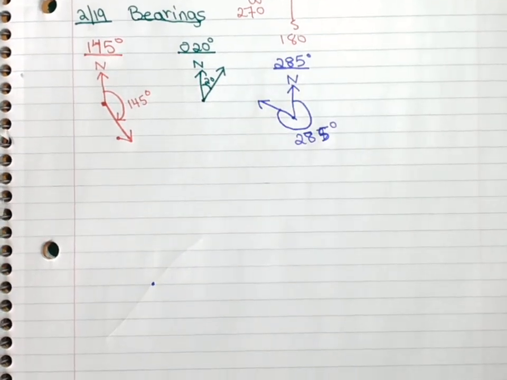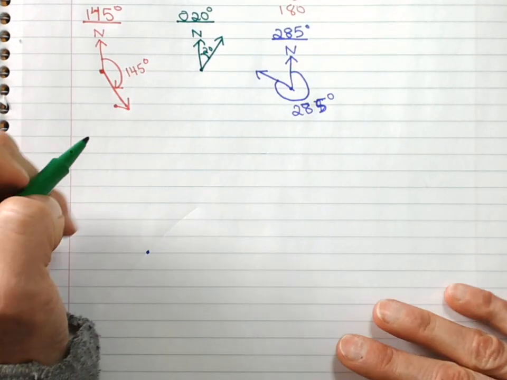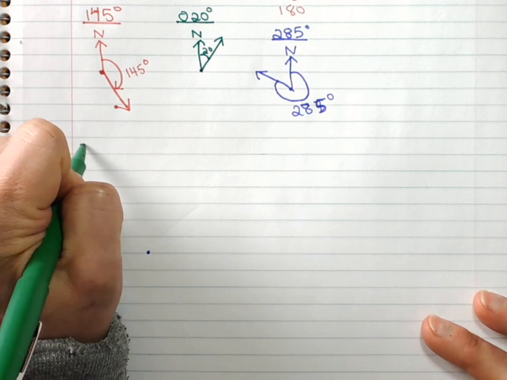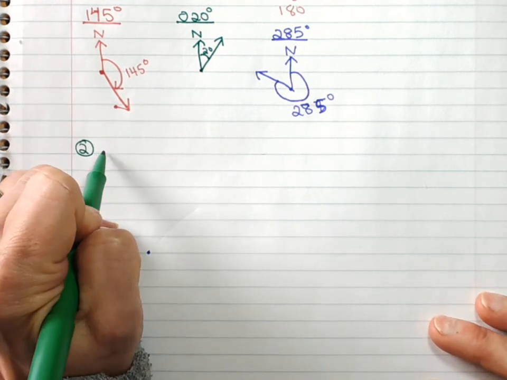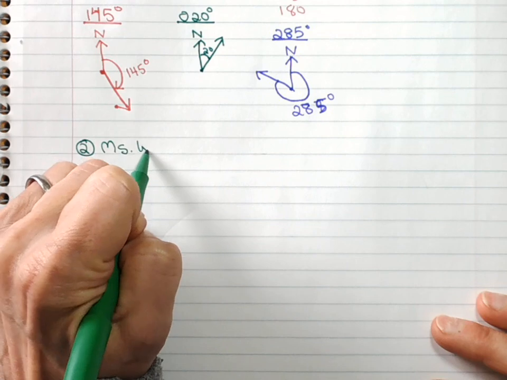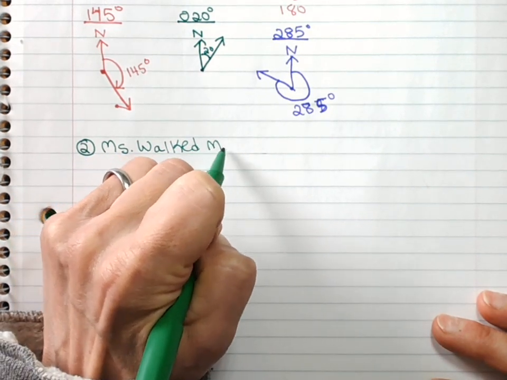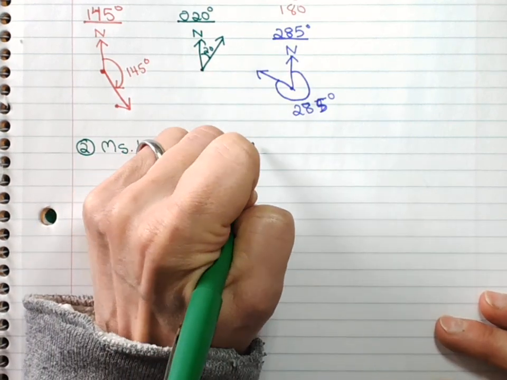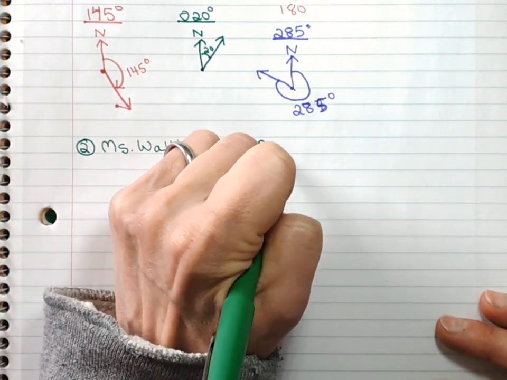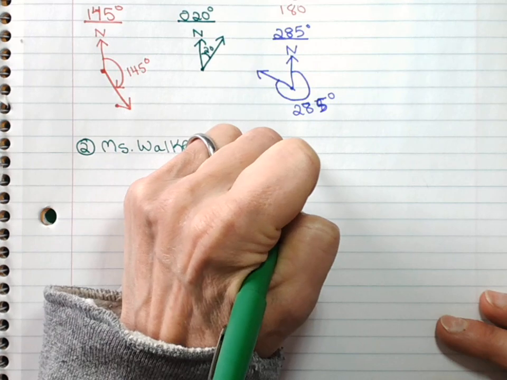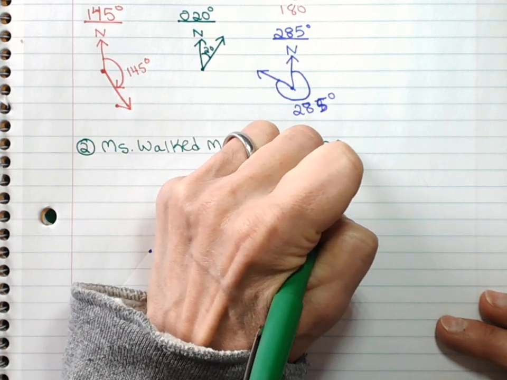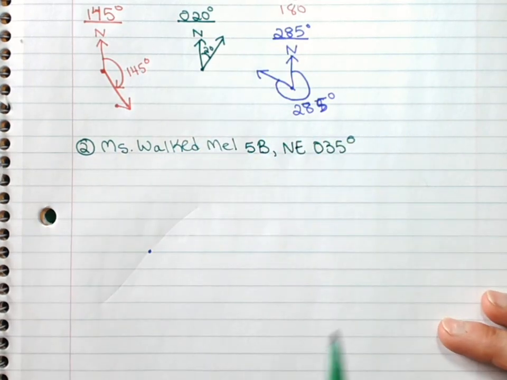Now, the next thing that we looked at was an application. So Miss Paulson walked Mel five blocks northeast at a bearing of 35 degrees.